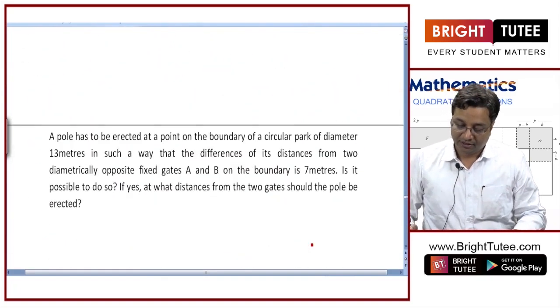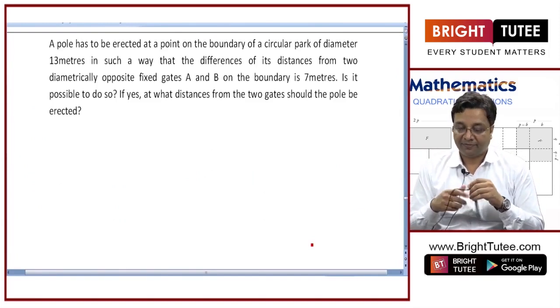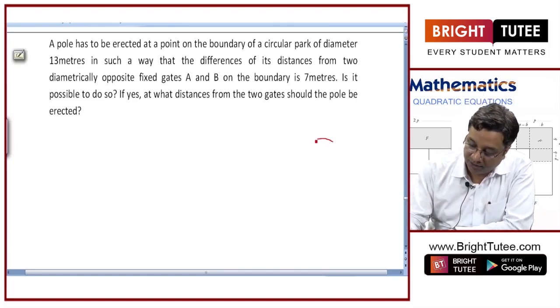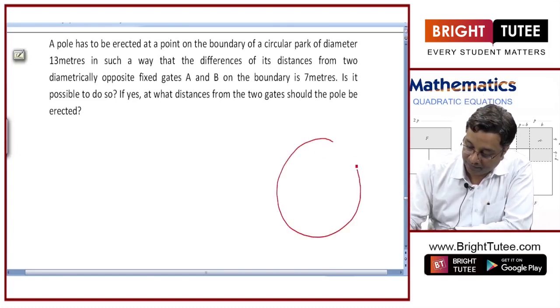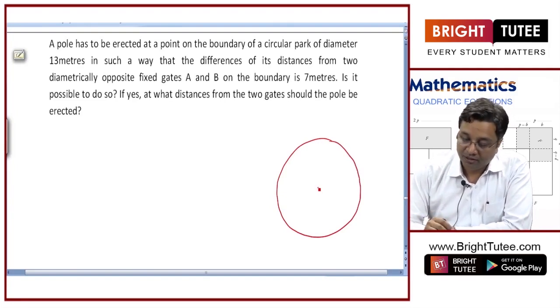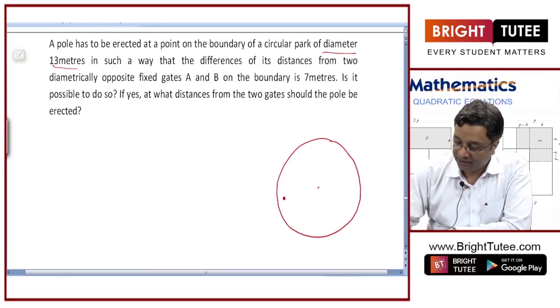Alright, let's move to the next question. A pole has to be erected at a point on the boundary of a circular park. There is a circular park. Let's say this is the center, with a diameter of 13 meters. Okay, let's say this is our diameter.